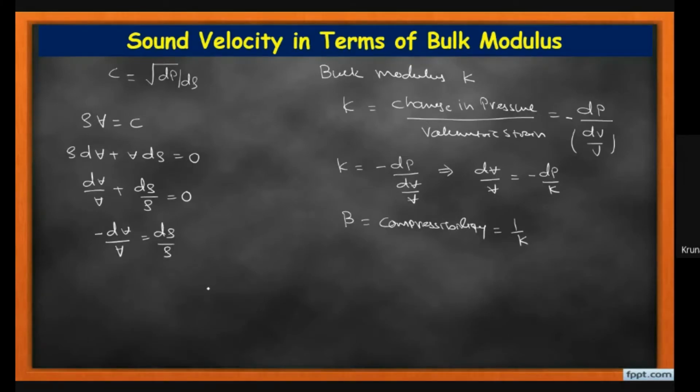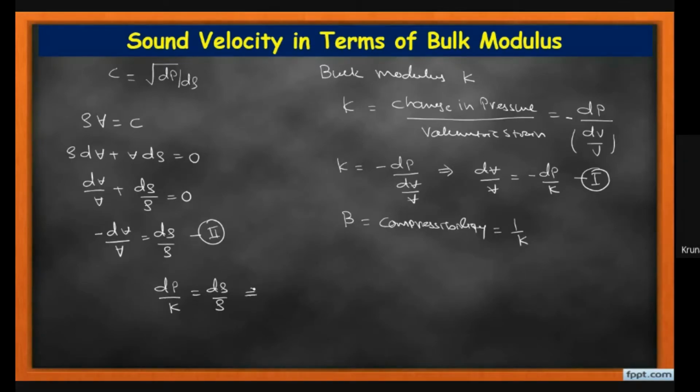So now we have two expressions: this one is expression number 1, and this is expression number 2. We compare the value of dV by V, so we get dP by K equals d rho by rho.